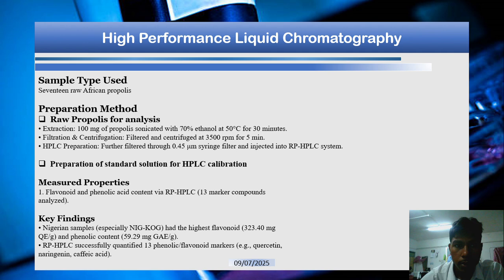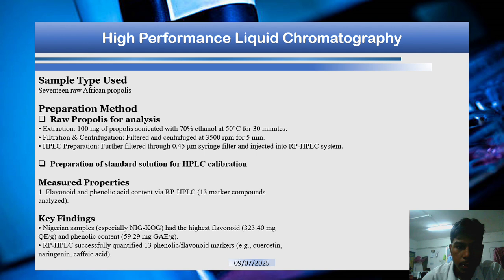They used 17 African raw propolis samples. The sample preparation method involves extraction, filtration, sonication, and further filtration to inject the sample into the system, and a standard solution was already prepared to generate a calibration curve.